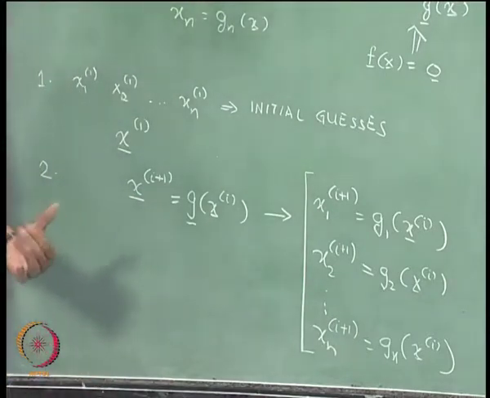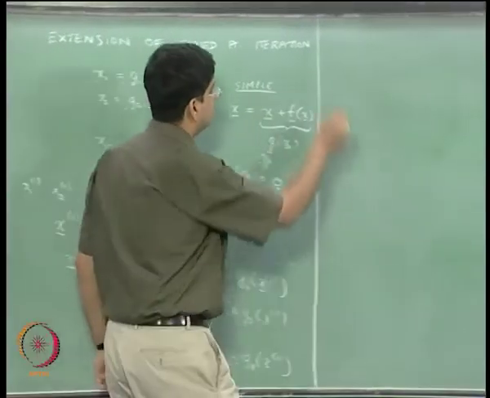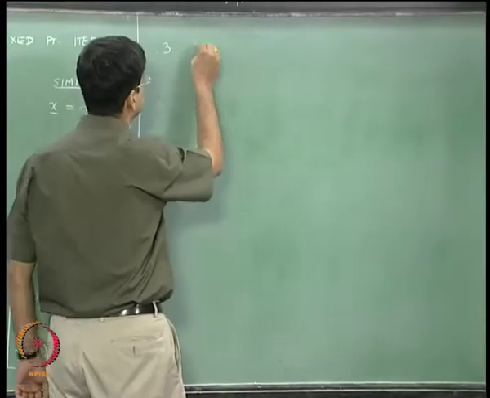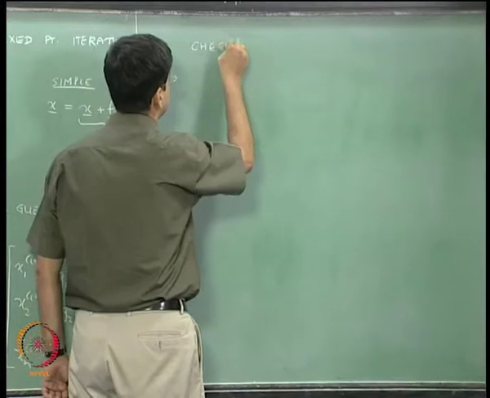Now the question is, when do we stop and when do we say that the particular equations have converged? So the third item in our algorithm is to check for convergence.